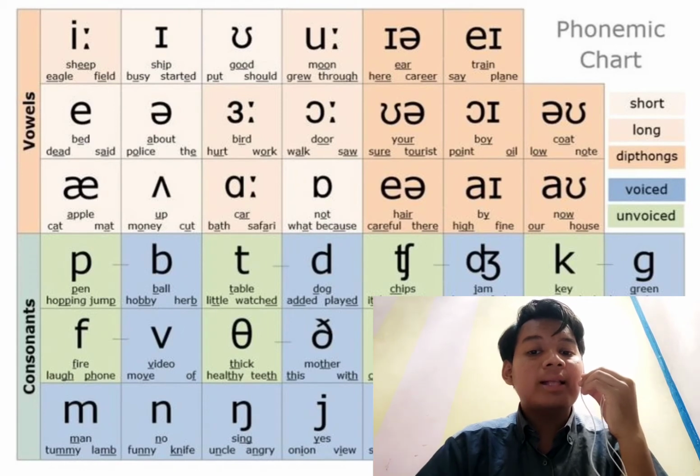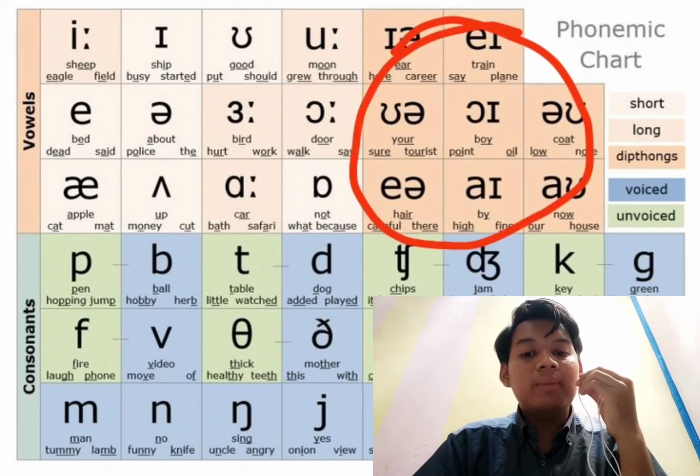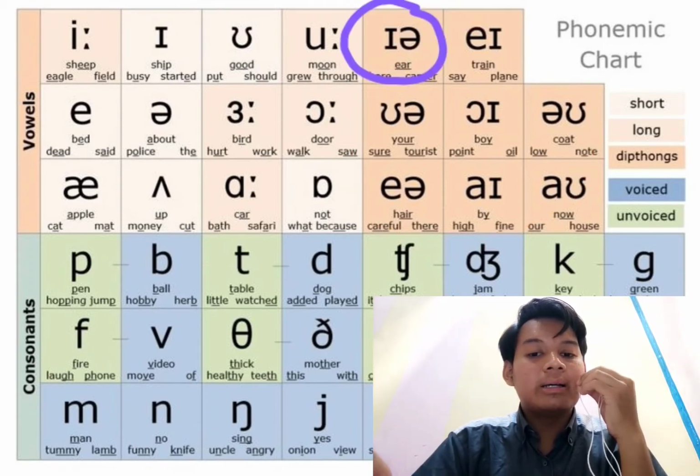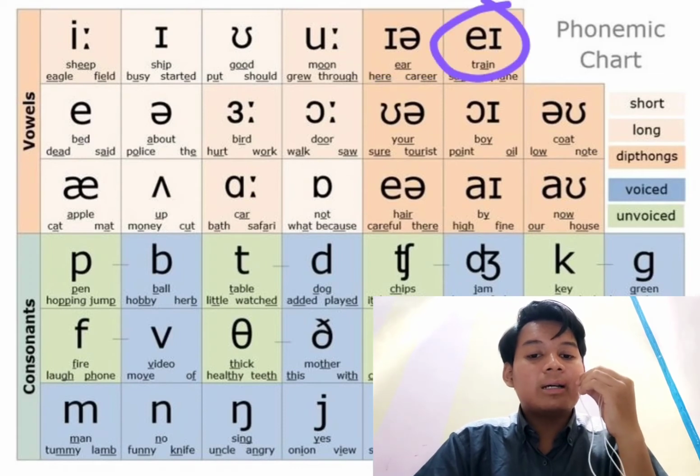And now let's talk about diphthongs. In diphthongs, there are 8 sounds. The first one is ear. For example: ear, here, carrier. And next, for example: train, say, lane.